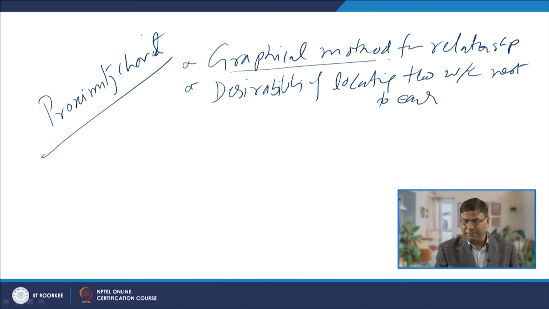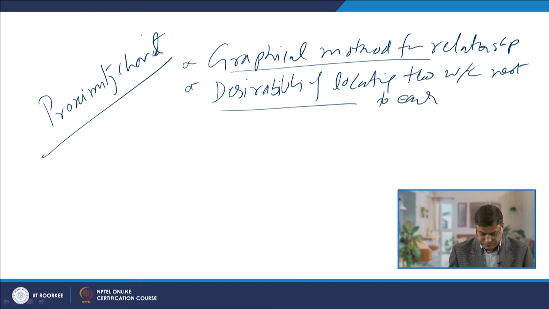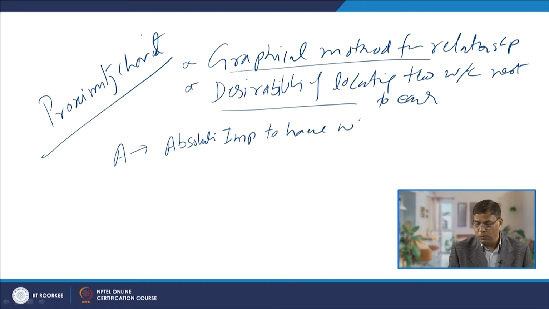So, this is basically a graphical method of understanding the relationship, and what we try to understand is the desirability of locating the two work centers next to each other. For this we use a few symbols. A is used when it is absolutely important to have the two work centers or the facilities next to each other.